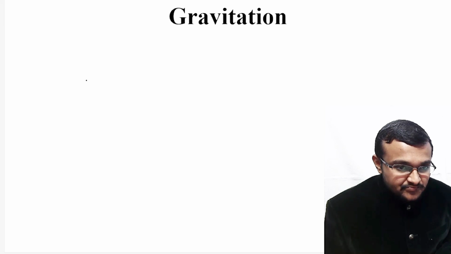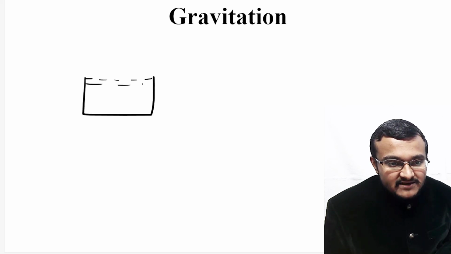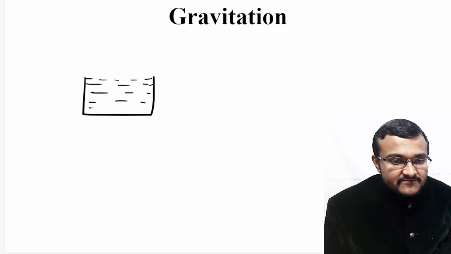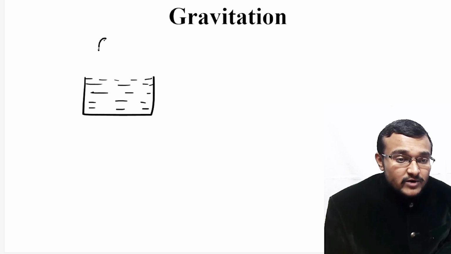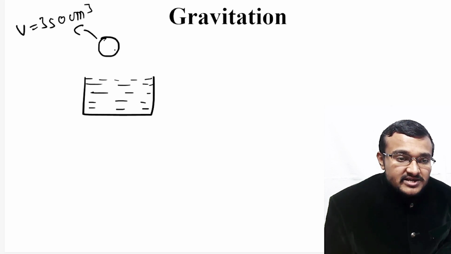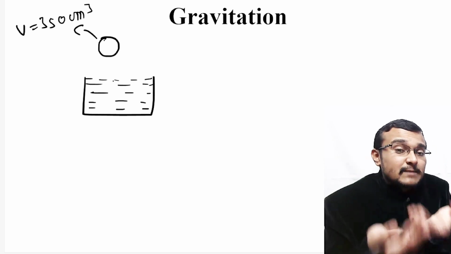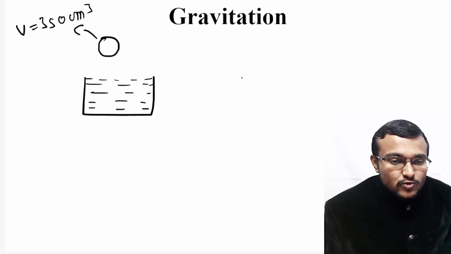So for example, if this is a container and this container is completely filled with water, and you are putting one particular substance which has volume equal to 350 centimeter cube, then this object is drowning inside water. That means completely it is going and settling inside water.